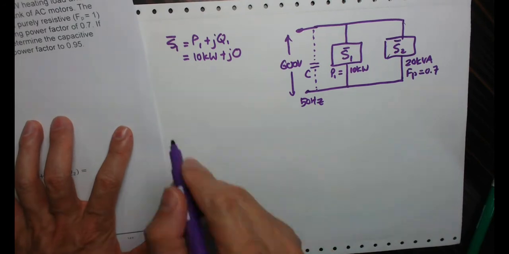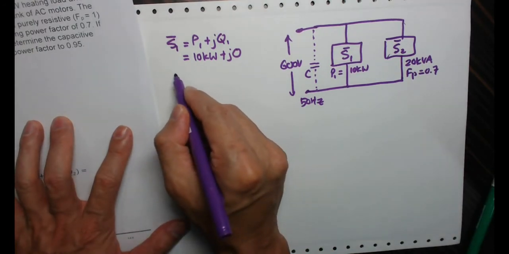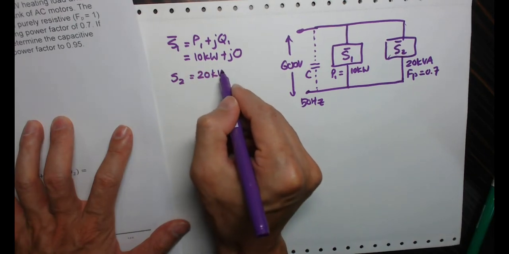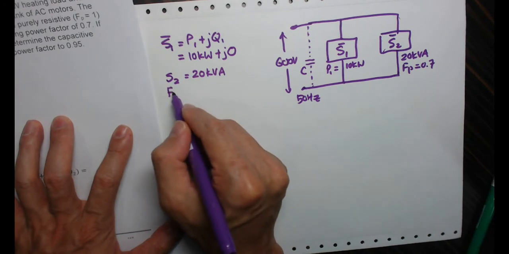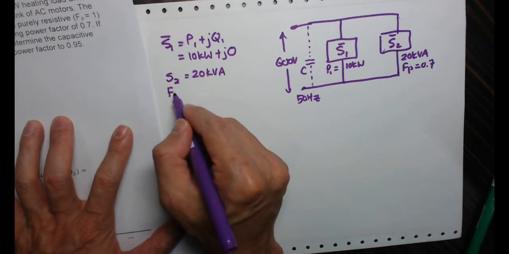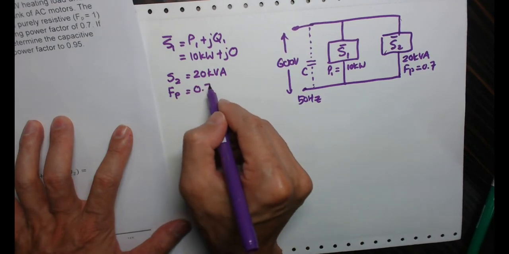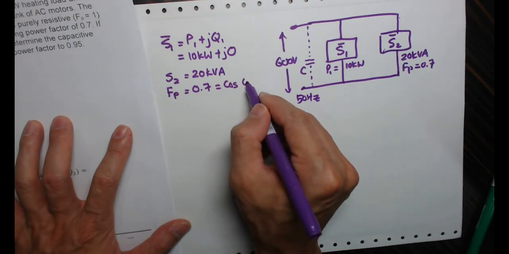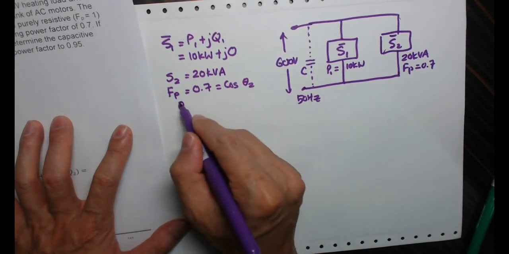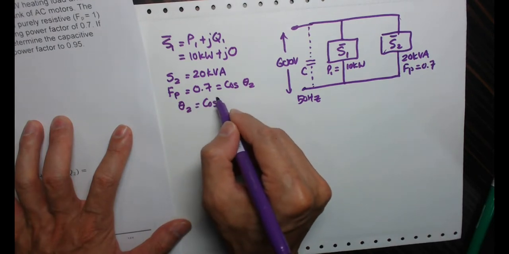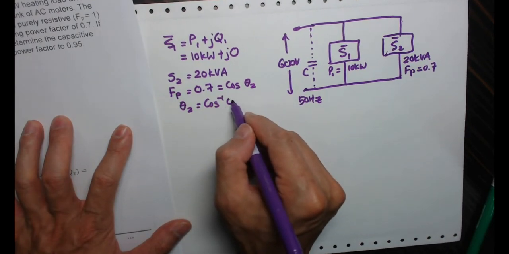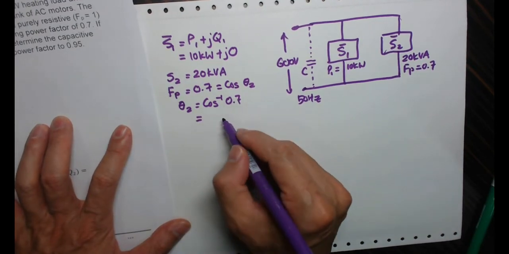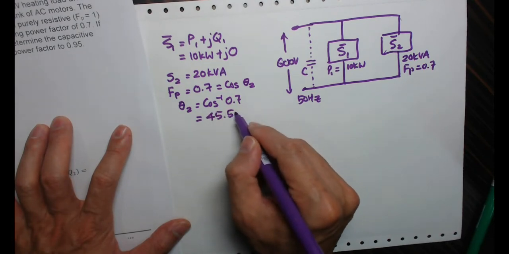Whereas for S2, we are told that the magnitude is 20 kVA and it has a power factor of 0.7, which means the angle theta 2 can be calculated as cosine inverse of 0.7, which is 45.57 degrees.